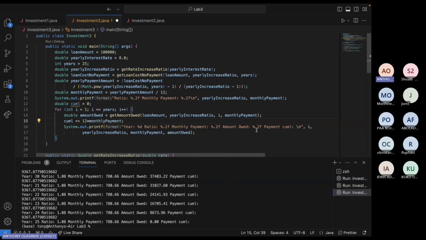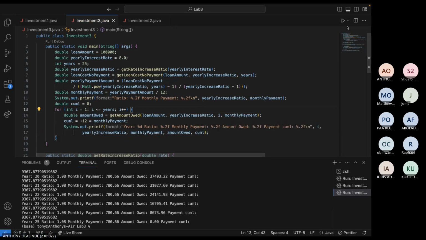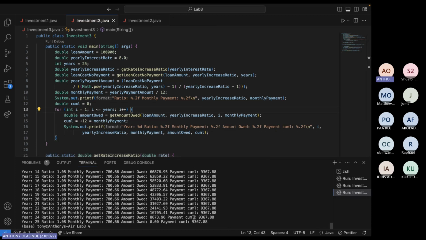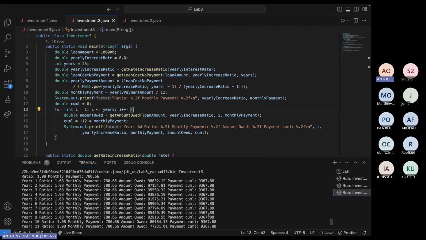That should give me cum. I will still show you one other way to do that, but that's just the easiest. And cum, that's very wrong. Oh, that's not what I want to do.